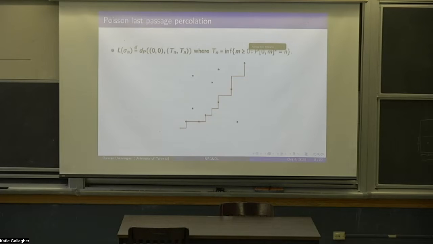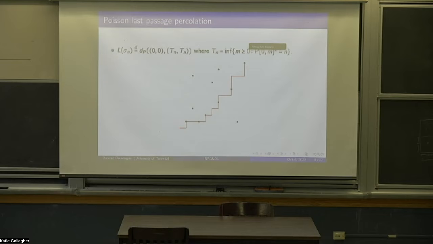So if I look at the permutation given by comparing the y coordinate ordering to the x coordinate ordering, I get a uniform permutation. So what this says, think about it a little bit longer, is that if I define the corner of my box as Tn in this way, then the distance in this Poisson last passage problem between 0, 0, and Tn is exactly the length of the longest increasing subsequence in a uniform permutation.